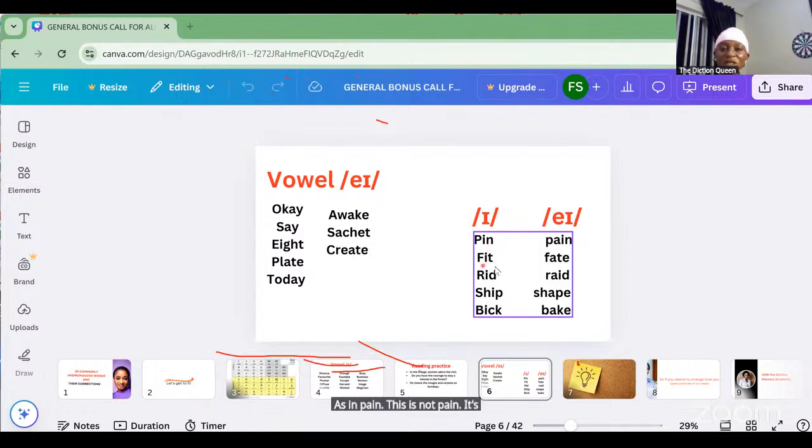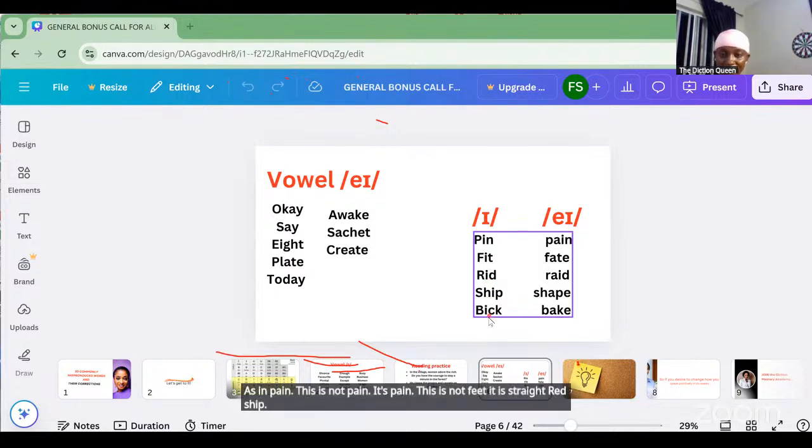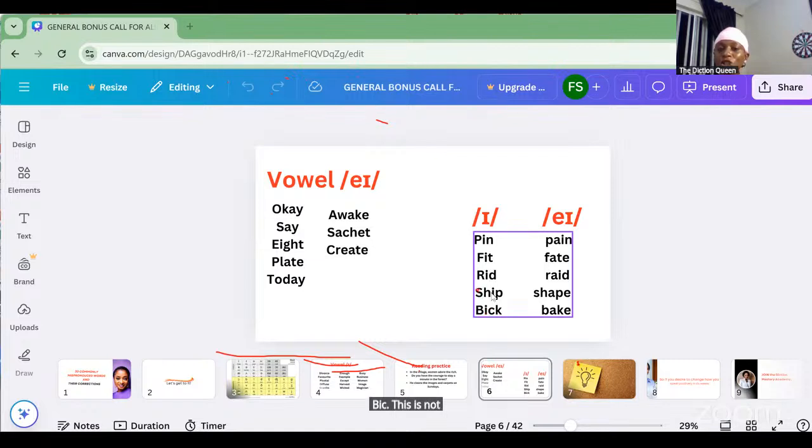This is not feet, it is fit. Red, ship, big. This is not beak, it is not sheep, it is not reed, it is not feet or pin. The letter I there sounds short, pen, fit, red, ship, big.